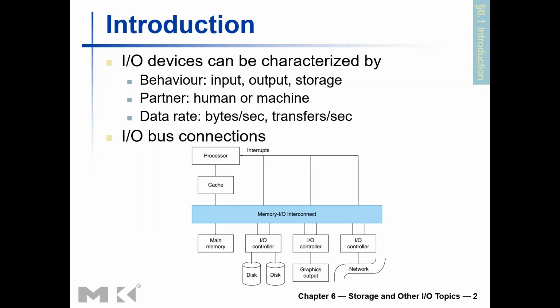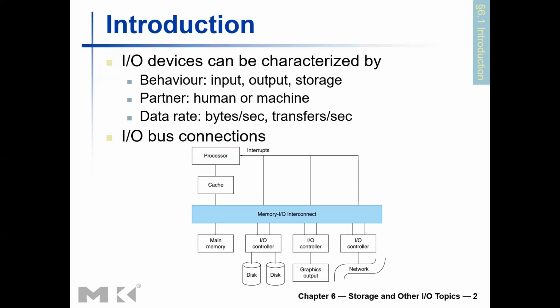In the IO bus connections, a simplified version is given here. You have a processor, you have a cache, and you have a bus which we consider as the memory IO interconnect. Then the processor and the cache both are connected to the bus, the interconnect, right? The processor is getting more than one connection, which we consider as interrupt from the bus, that is basically from the devices.